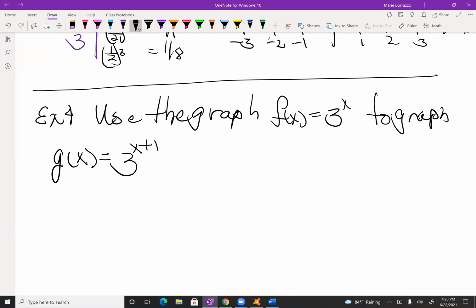And so what happens here is, if you notice, the shift in this case is taking us to the left 1 unit. It's a plus 1.